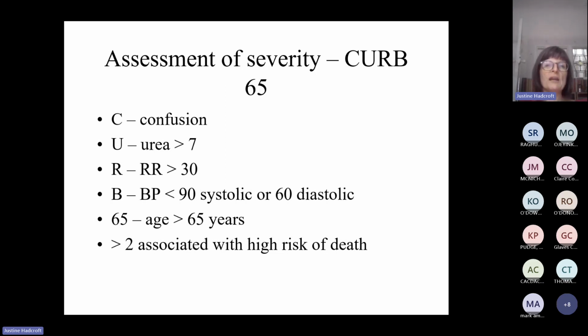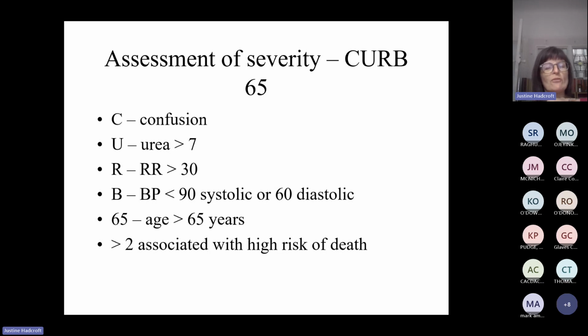So you score 1 point for each of new confusion, a urea of greater than 7, a respiratory rate of greater than 30, a systolic blood pressure of less than 90 or diastolic of less than 60, age more than 65 years. So if you get 1 point for all of those, you've got a CURB 65 of 5.